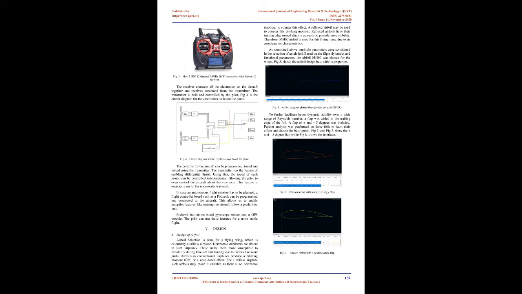A graph within a graph is an inset, not an insert. The word alternatively is preferred to the word alternately, unless you really mean something that alternates. Do not use the word essentially to mean approximately or effectively. In your paper title, if the words that uses can accurately replace the word using, capitalize the U, if not, keep using lowercase.